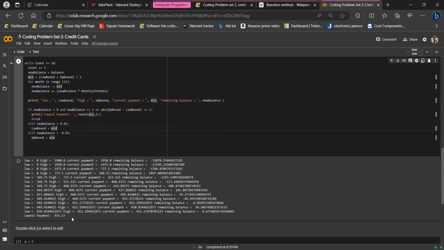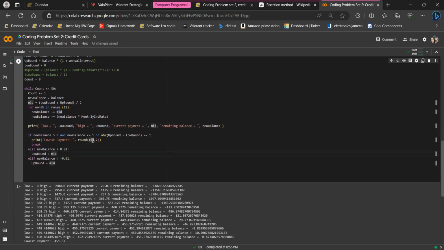I just wanted to round that to 2 decimals. I don't know if the professor did that, but look at how big that number is. No one's paying 451.575 cents. They paid 57 cents. And if that's the case, you would just break. Else, you create a new definition for the lower bound and the upper bound.